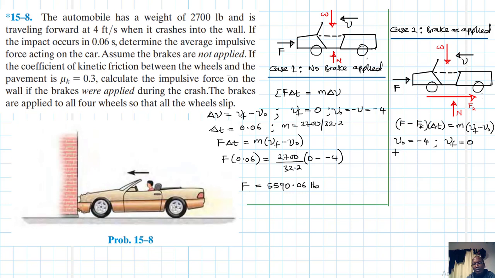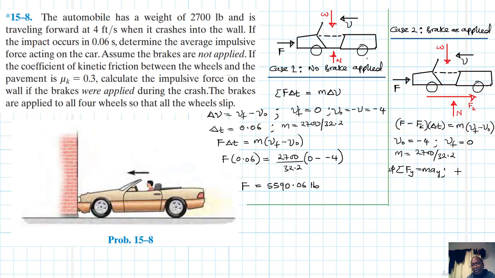And of course, we have M also here equal to 2700 divided by the acceleration due to gravity. So if we had to work out this Fk, our Fk here is equal to, let's say summation of forces in the y equal to m a y.